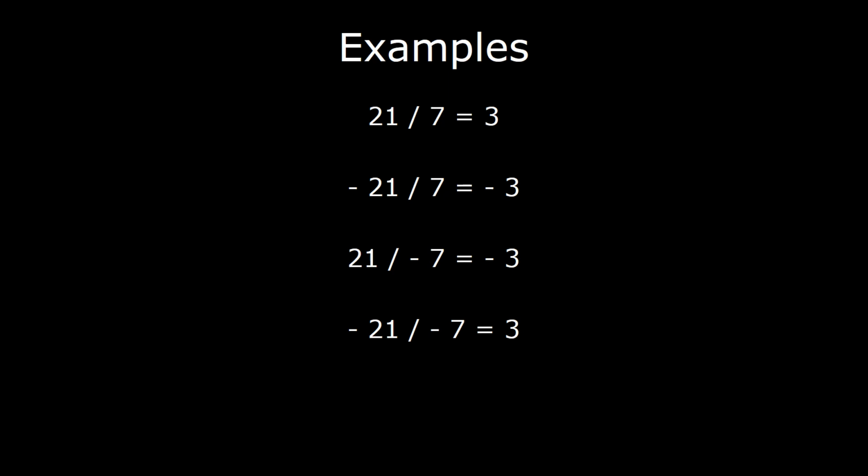Example 4. Minus 21 upon minus 7. The equation that we are now looking at, based on our logic of inverse, is minus 7 into something equals minus 21. If the product is negative, which is the case in this equation, then the numbers being multiplied should have one negative sign.